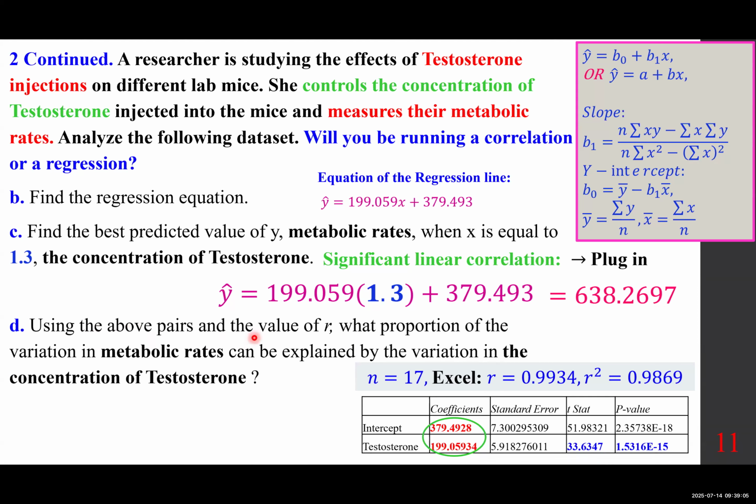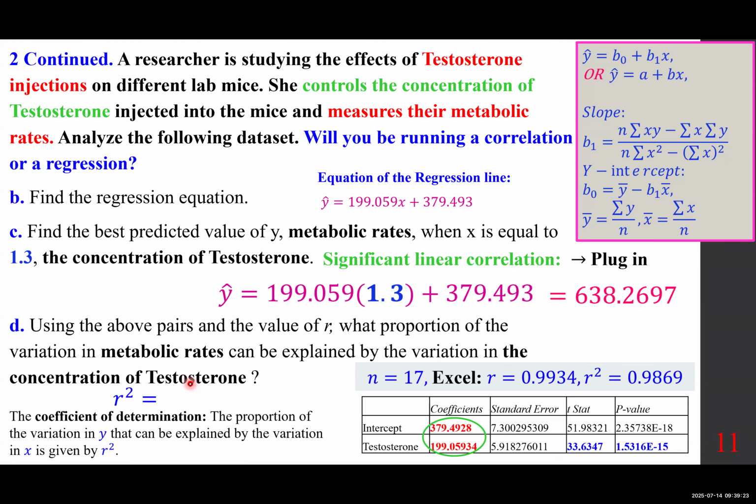Using the above pairs and the value of R, what proportion of the variation in metabolic rates can be explained by the variation in the concentration of testosterone? It can be explained by R squared. This is called the coefficient of determination. The proportion of the variation in Y that can be explained by the variation in X is given by R squared.